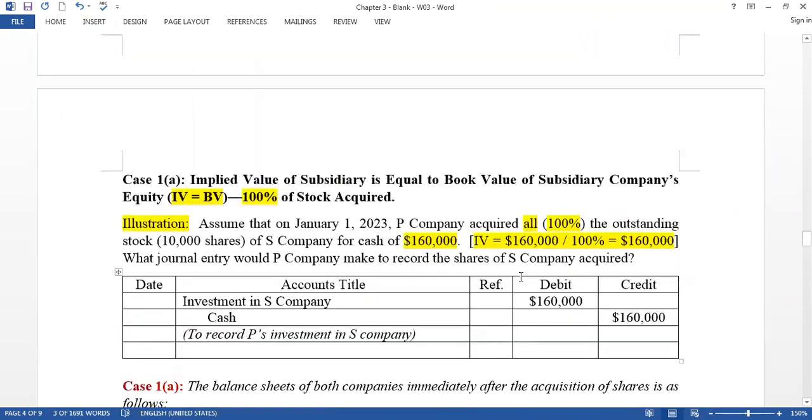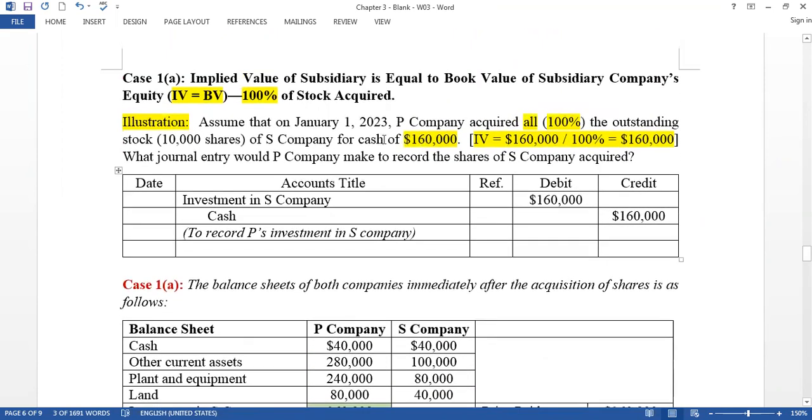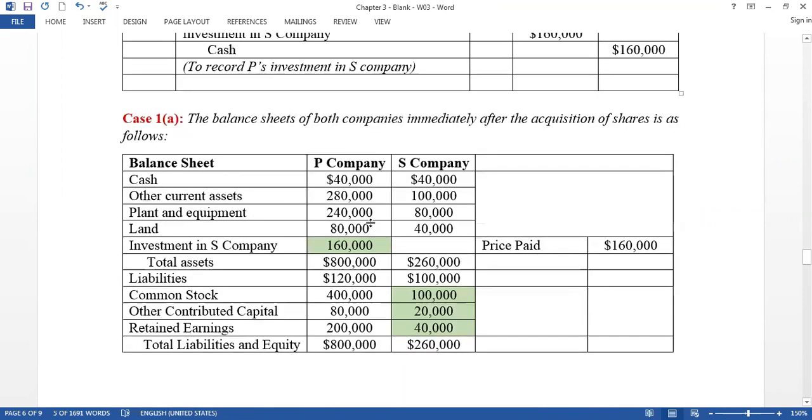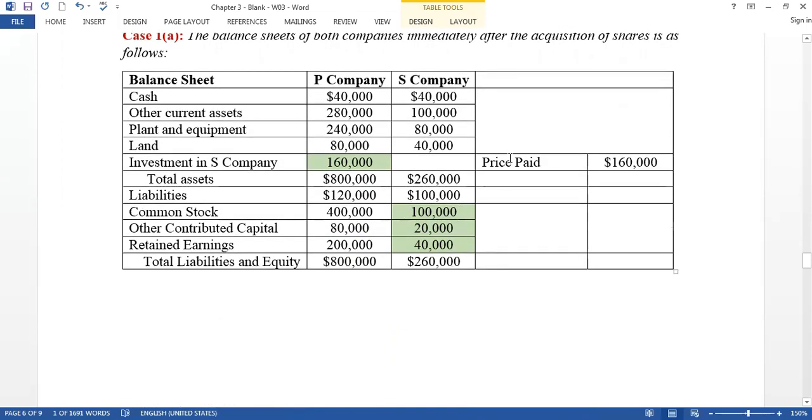From this question we find that the company paid $160,000, and this is our investment. As we acquire 100%, our investment is $160,000, and the percentage acquired, how much percentage did we acquire? 100%.